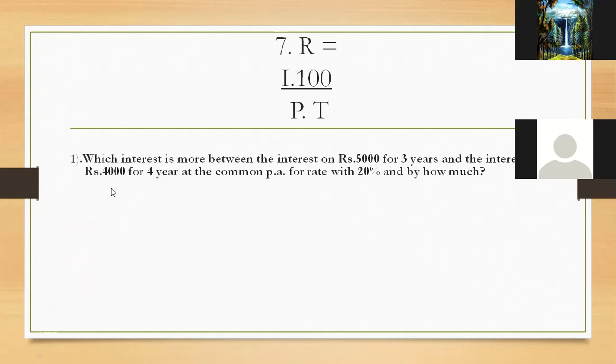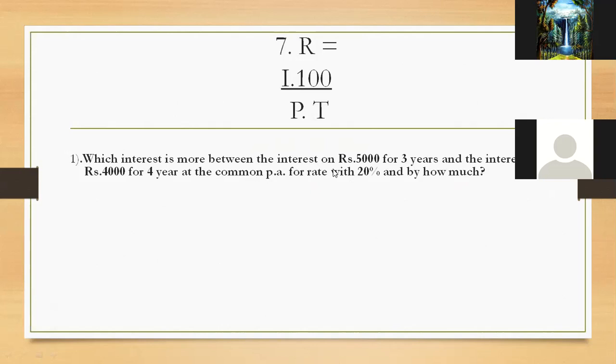I have displayed one question there. Which interest is more: the interest on rupees 5,000 for 3 years or the interest on 4,000 for 4 years, at the common rate of 20% per annum, and by how much? First we'll find the interest in both cases. The rate of interest is the same, 20%, in both cases.